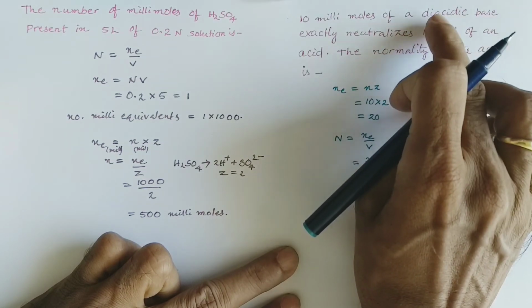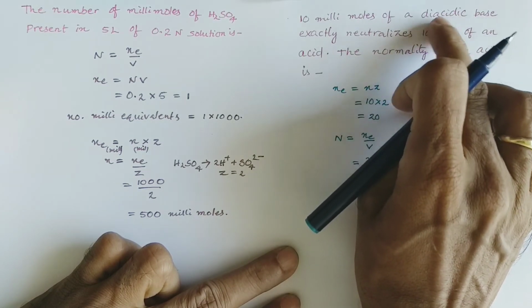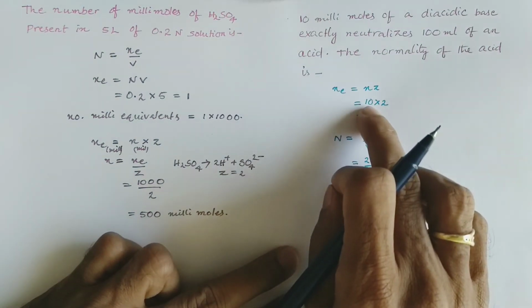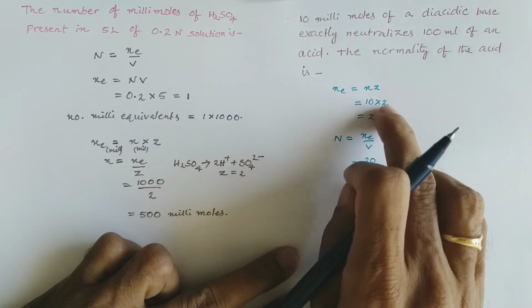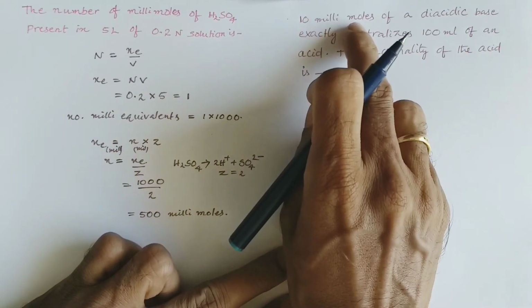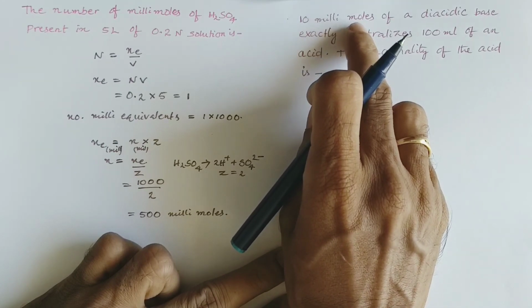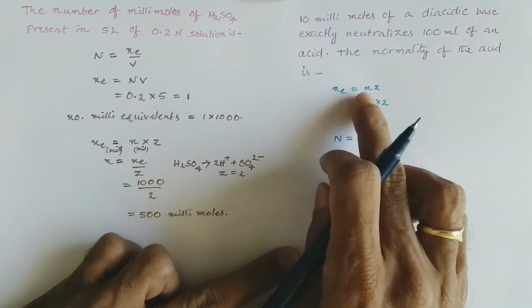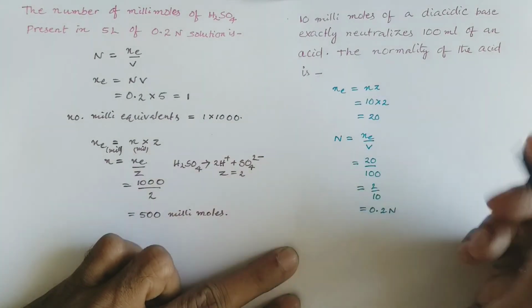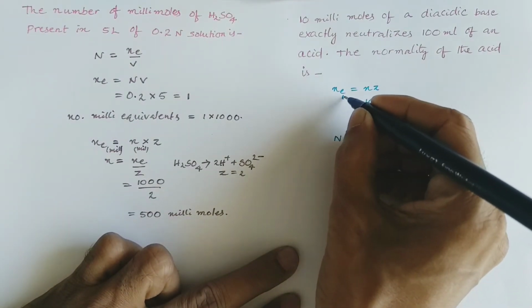One molecule of base gives 2 OH minus ions, or acidity is 2. So number of moles into 2 gives number of equivalents. But here it is given as millimoles. So obviously if you use the number of millimoles here, you will get the number of milliequivalents. So this is number of milliequivalents, right?